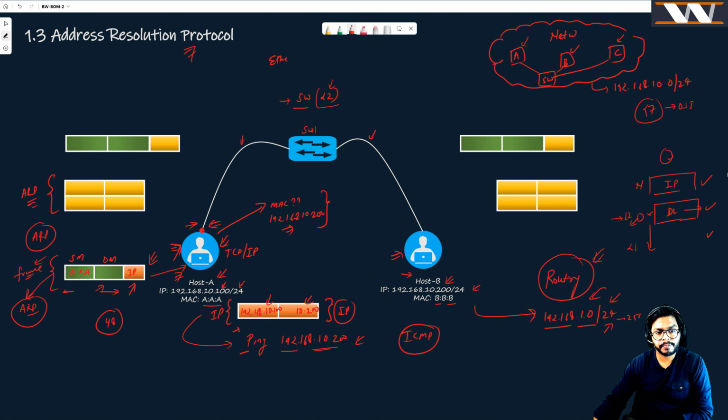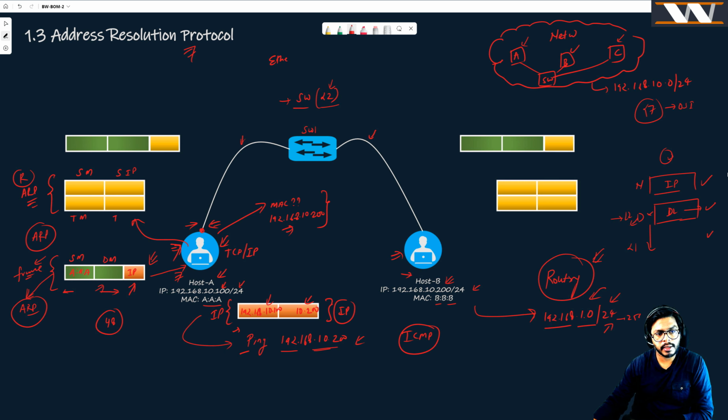Now, this incomplete packet was stored in the host memory, and this host is generating an ARP message, specifically an ARP request message, in which it writes the sender MAC, sender IP, target MAC, and target IP. What is the meaning of it?